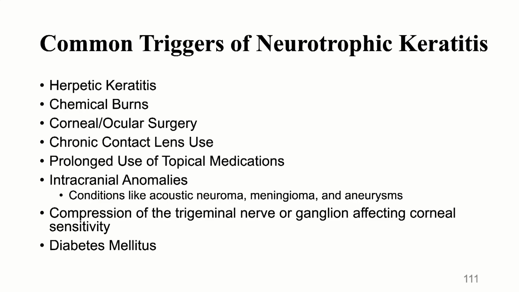Chemical burns, the same thing. Ocular surgery, and I think we've induced this whole iatrogenic aspect. The ocular surgery can also be laser surgery, retinal laser surgery that affects the ciliary nerves through the application of panretinal photocoagulation or grid type of therapy can have that as well.